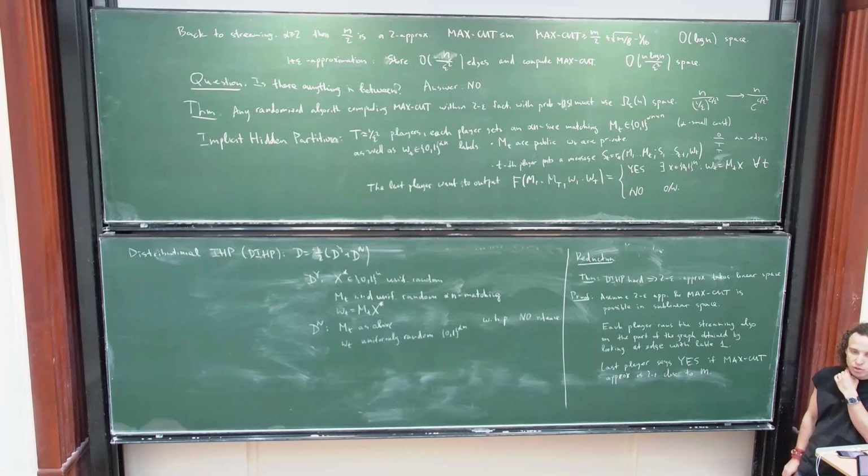Except for the messages. All of the messages are public. S_1 through S_K are all available to player K plus 1. So this doesn't matter, because every player can repeat the previous message. Oh, because you said omega T is private. So in this sense, omega from 1 to T is all public to the last one.